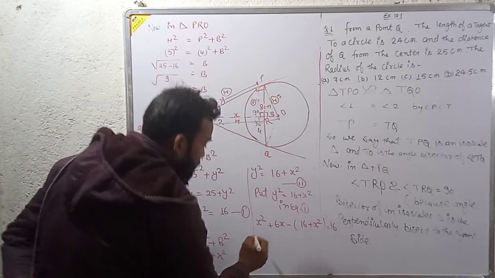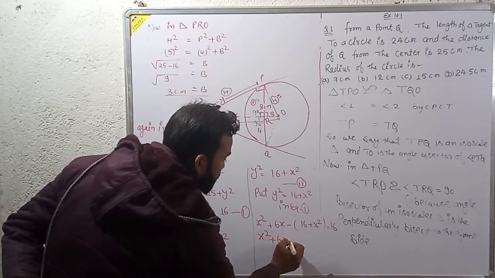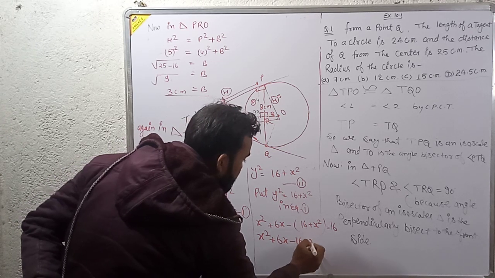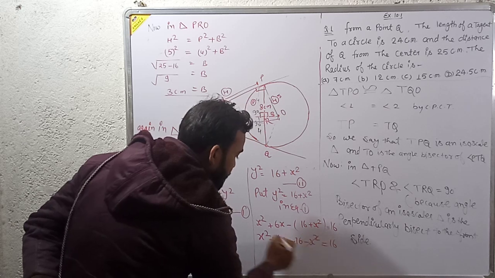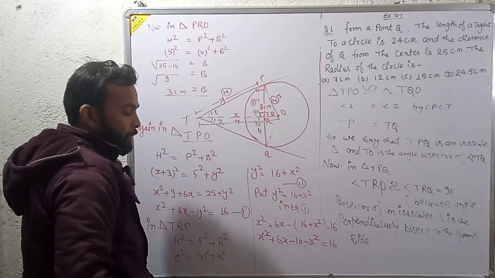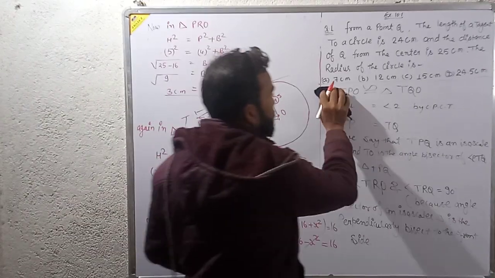Again we have x square plus 6x minus 16 minus x square is equal to 16. This will be cancelled out, since this is positive and this is negative.